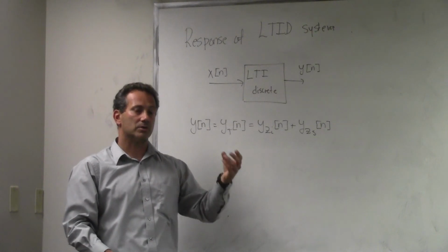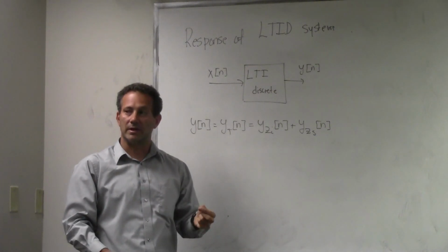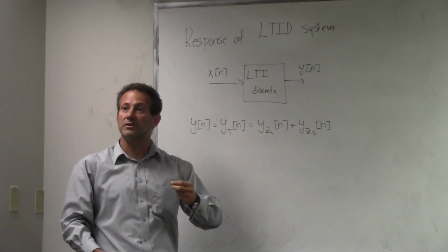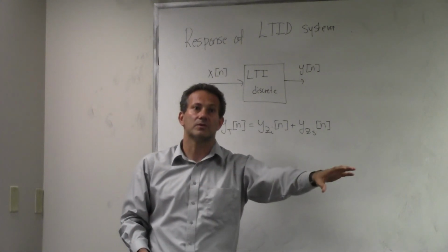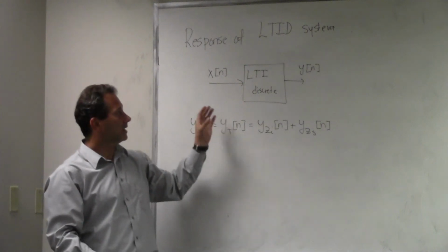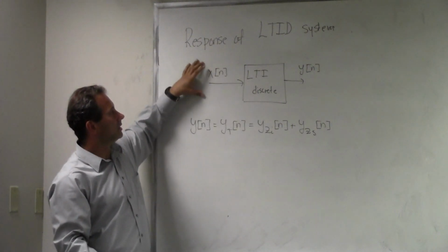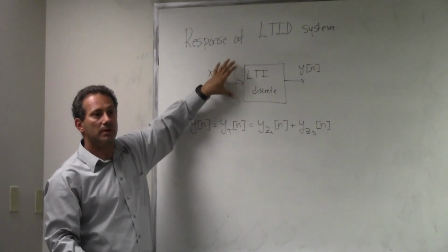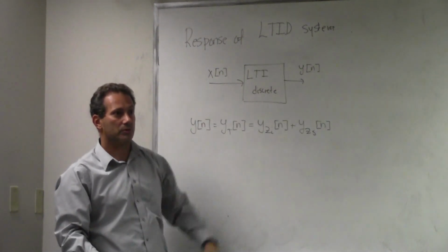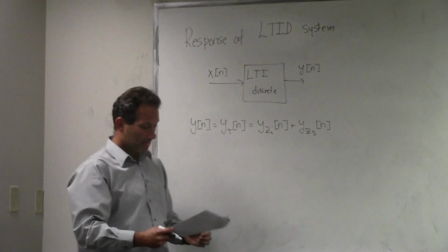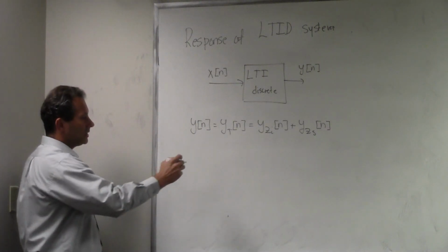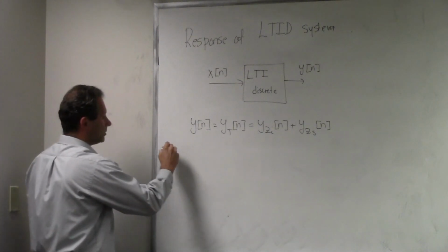One part is because at the time when I declared 0, there was some energy in the system, and that will ring for some time. The other is the part that is excited by the inputs, which will be superimposed on the outputs that I get from the zero-input case. So the first thing that we're going to do is the zero-input response.